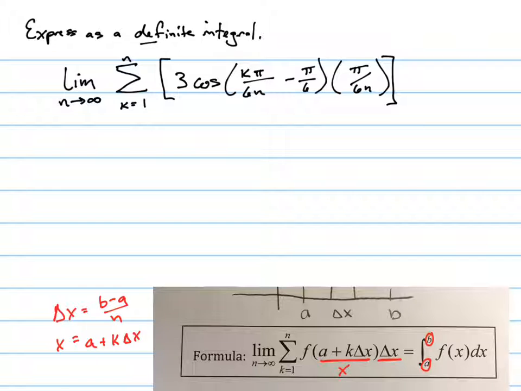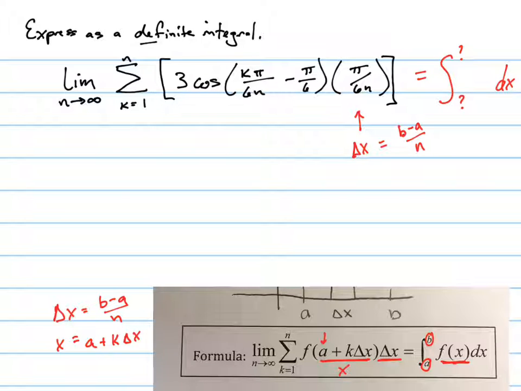So that was equal to b minus a over n, and a is right here. So I'm basically trying to find a, b, f of x, and then I just have dx.